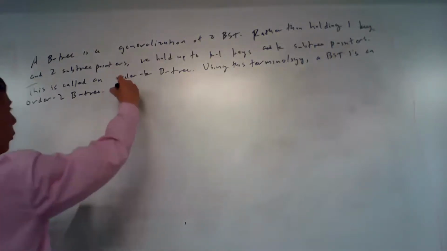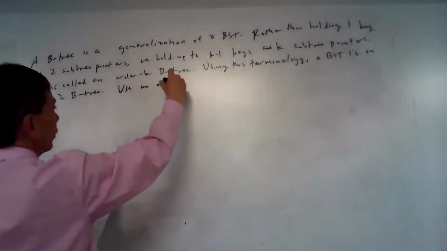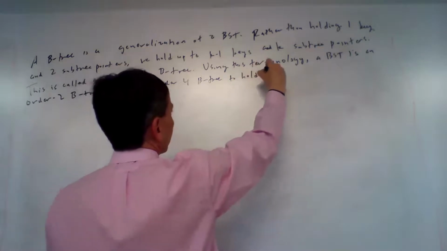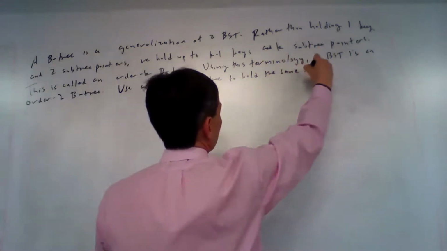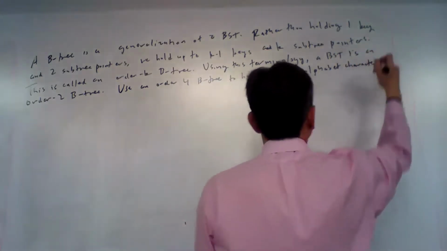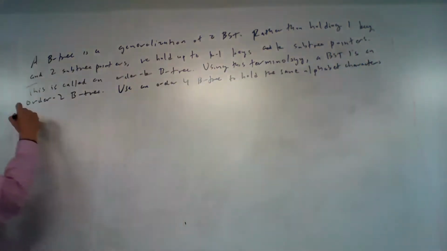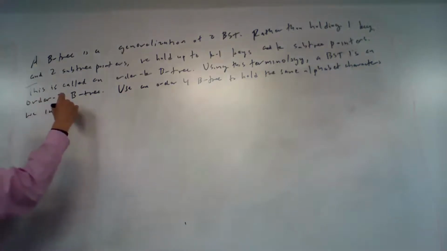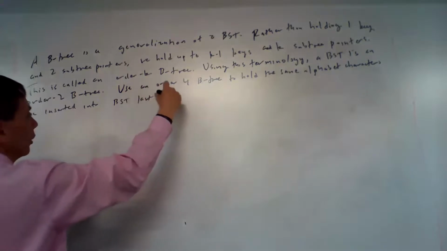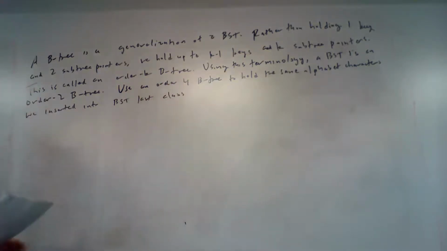So let's use an order 4 B tree to hold the same alphabet characters we inserted into the B tree, the BST, last class. Okay, and I guess I can rewrite them just so you remember what they are.